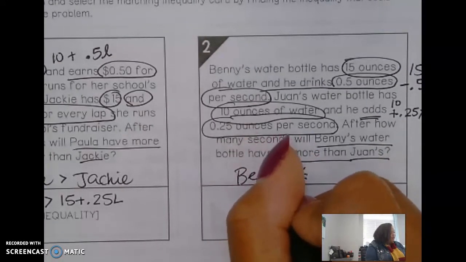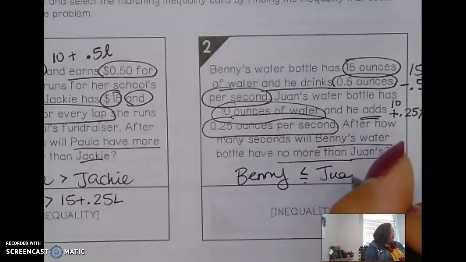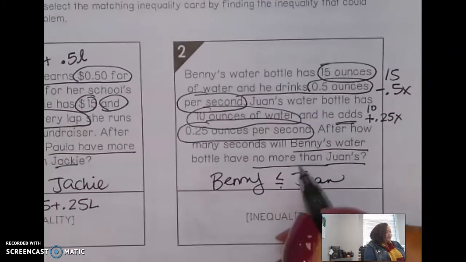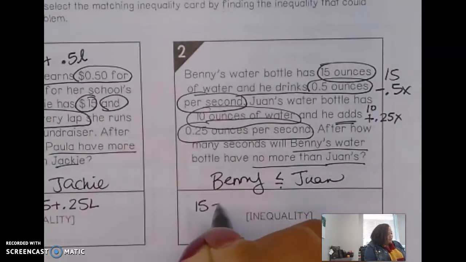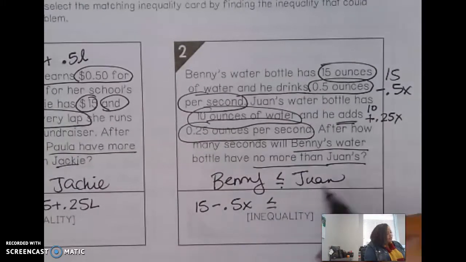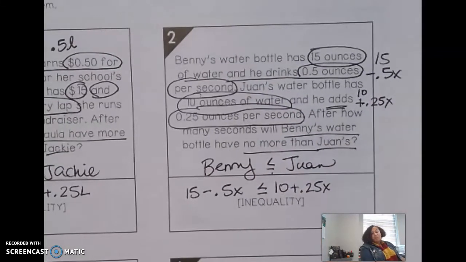Benny is no more than Juan. So Benny is 15 minus half of X, 15 minus half X less than or equal to Juan, who is 10 plus a quarter of X. Boom, done.